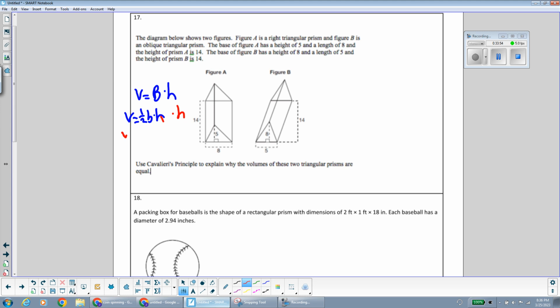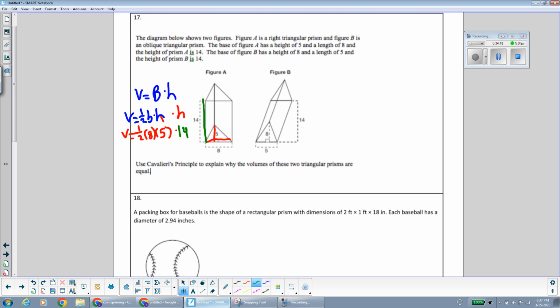So if I plug in for figure A, the base of the triangle is 8, because we're talking about the area of the triangle base. So the base of that triangle is 8, and the height of that triangle is 5. And then the height of the entire figure is 14.